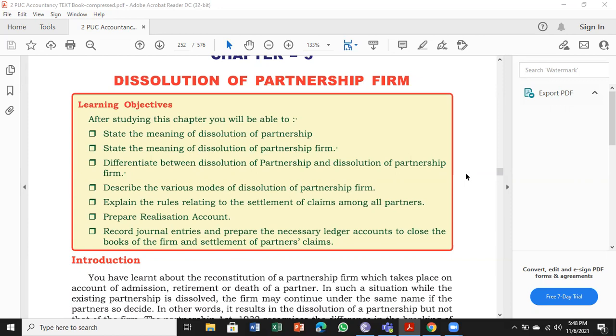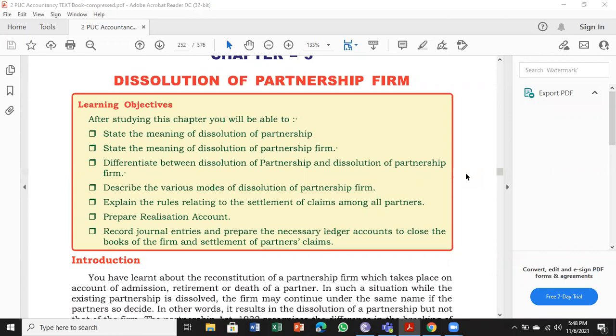You may also find one or two theory questions of 1 mark or 2 marks. So around 15 to 16 marks, you'll get from this particular chapter, Dissolution of Partnership.